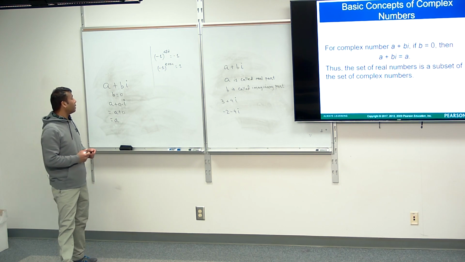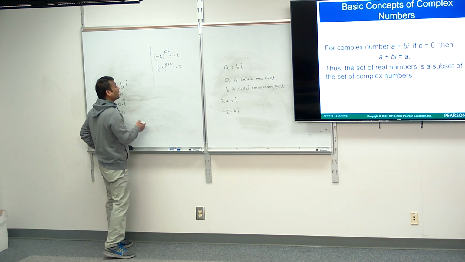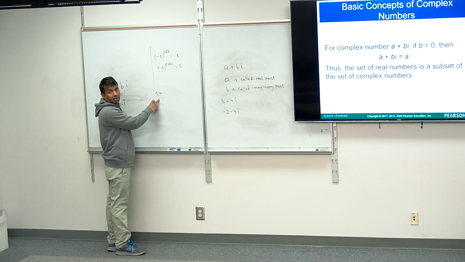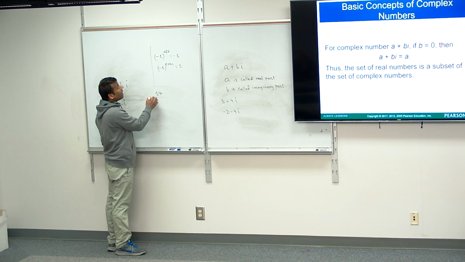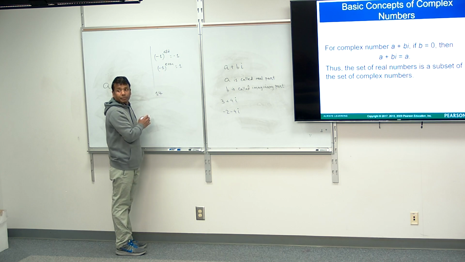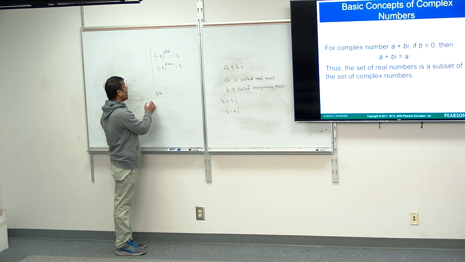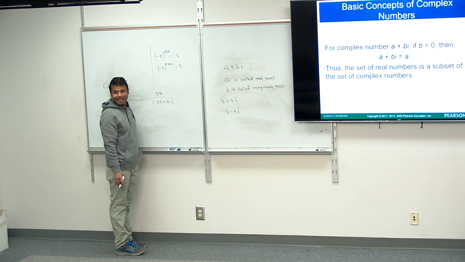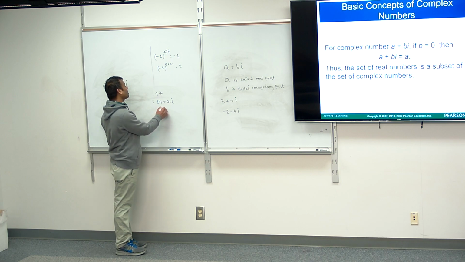Like for example, give me an example of a real number. Let's say 14. Is this a complex number? Can you write this in the form of A plus BI? Yes? How do you write that? This is 14 plus 0 times I, right? So now this is in the form of A plus what? BI.